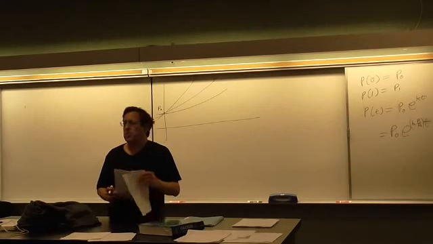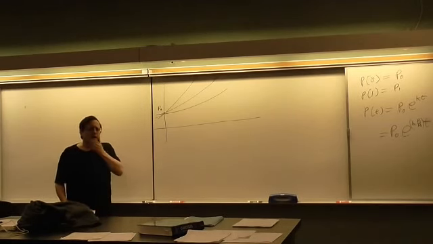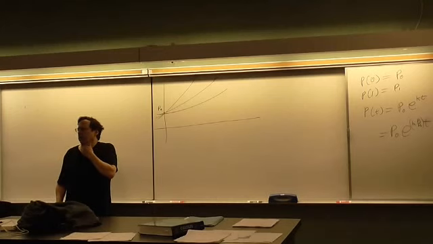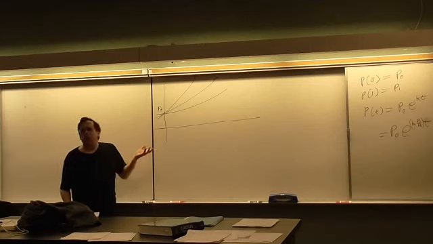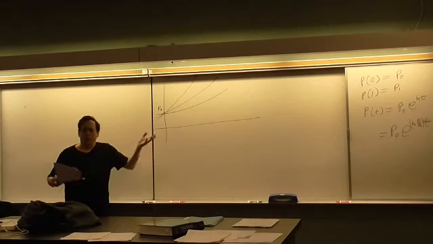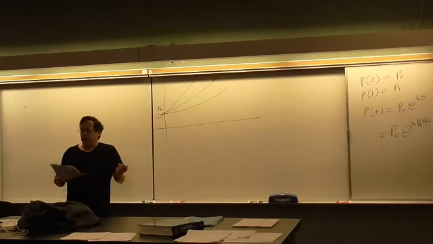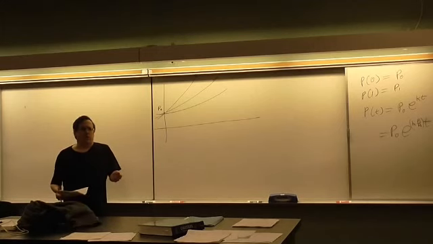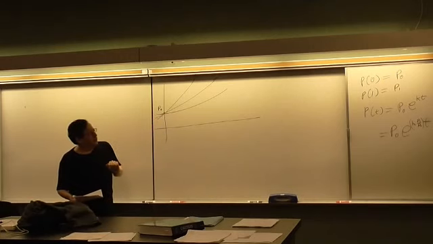By the way, this is a very simplistic equation for this particular model. If you think about a population growing, this works if the population has unlimited resources. It can grow without limit. But all populations, especially humans, have some limitations. So at some point, this equation itself will break down.